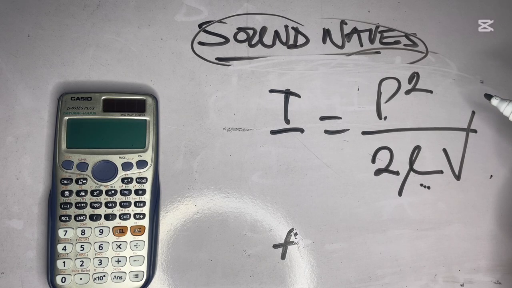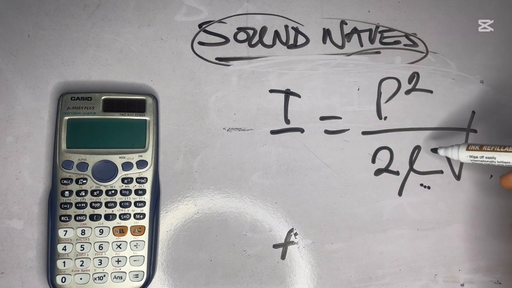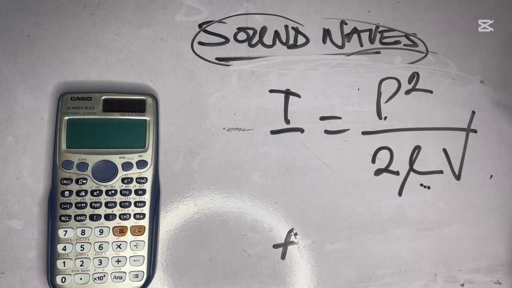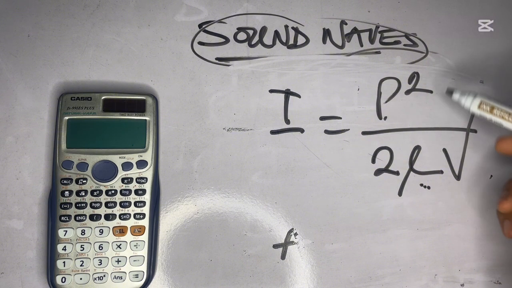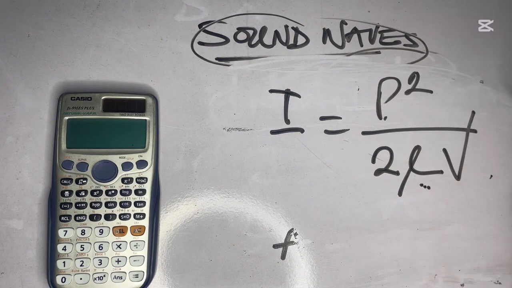So P here is pressure. So intensity can be equal to P squared all over 2 rho V. Now, I want to also let you know that intensity is also directly proportional to power, but it is directly proportional to the square of the pressure. So that's that for intensity.